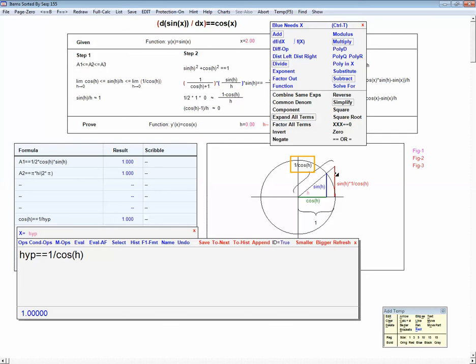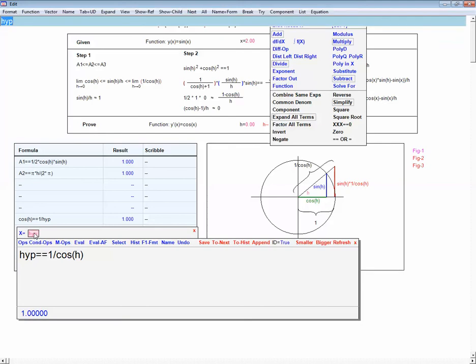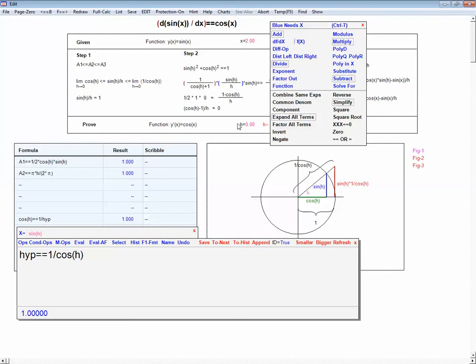And now this is the opposite side of that triangle. So we know that the opposite side is given by the hypotenuse times the sine of h. So let's multiply both sides by the sine of h and simplify. This is the actual side, the hypotenuse times the sine of h, and that works out to be the sine of h over the cosine of h, which is what we have here.